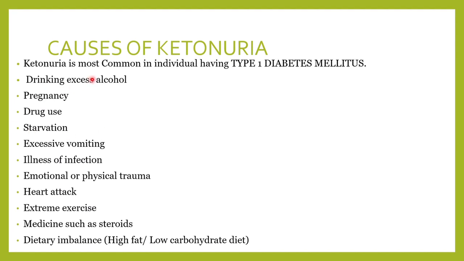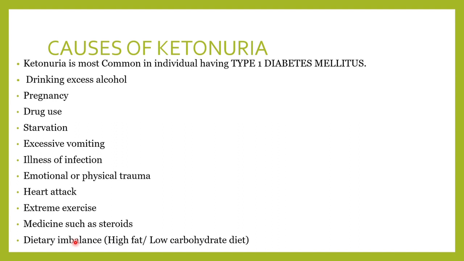And what are the common causes of ketonuria? It could be type 1 diabetes or type 2 diabetes. It could be because of excessive consumption of alcohol, in pregnancy because of increased vomiting, hyperemesis gravidarum, or because of certain medicines like steroids. It could be if you are starving, or if there is excessive vomiting, any kind of illness, infection, fever, any emotional or physical trauma, if the patient has suffered a heart attack, if you have done extreme exercise, or if there is a dietary imbalance, such as being on a ketogenic diet with high fat and low carbohydrate.